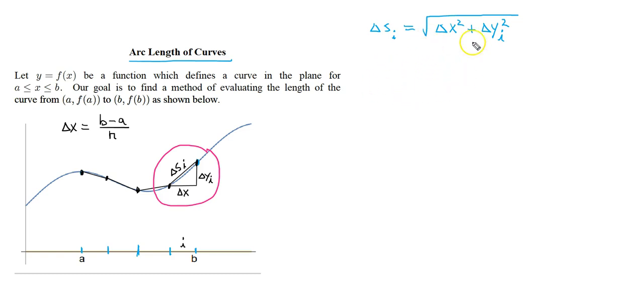Now we're going to manipulate the right-hand side a little bit. Let's factor out a delta x squared from this term and this term over here. And what we get is this.